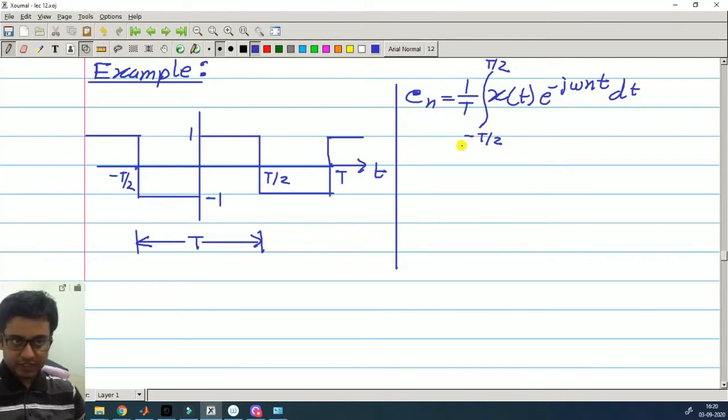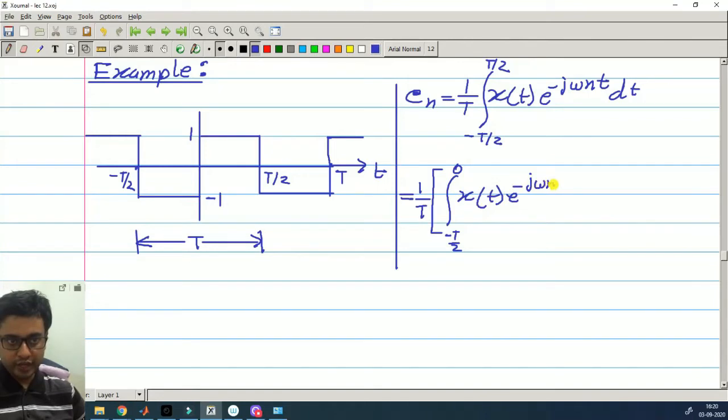Now let us do this integration. So for that, let me take 1 over T common and then write this integration in two parts. One is from minus T by 2 to 0, xt e to the power minus j omega nt. Another is from 0 to T by 2, xt e to the power minus j omega nt dt.